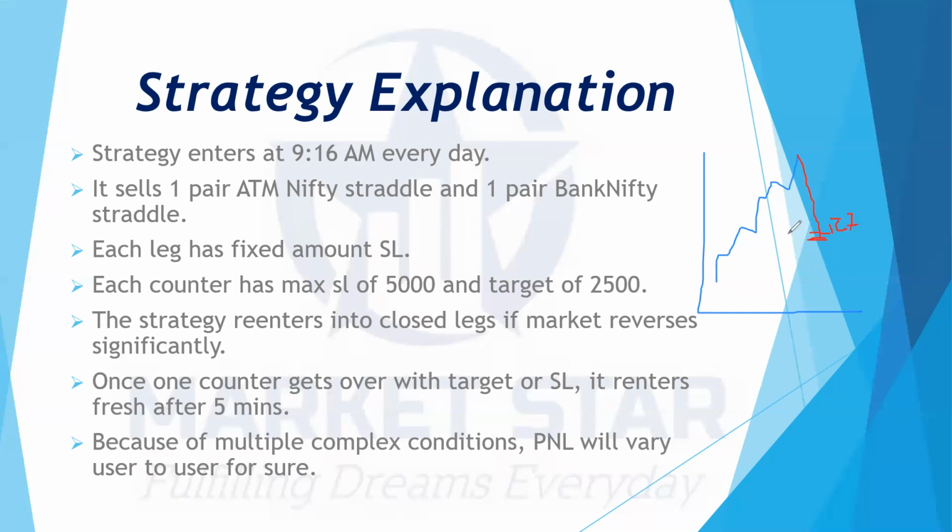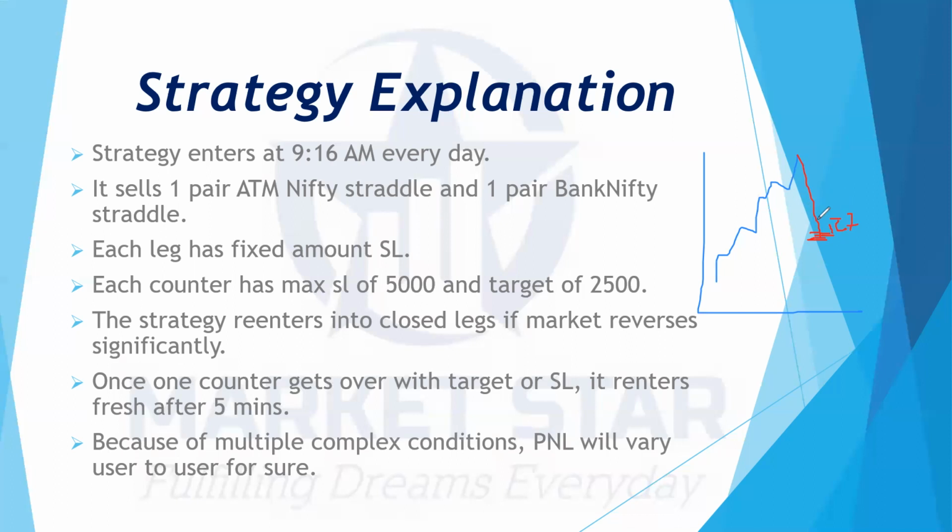For user A, 100 was entry, 150 was exit, and 125 is the re-entry point. For user B, 102 is entry, 152 is the exit, and 127 is re-entry. Now, suppose the option has come till 126.